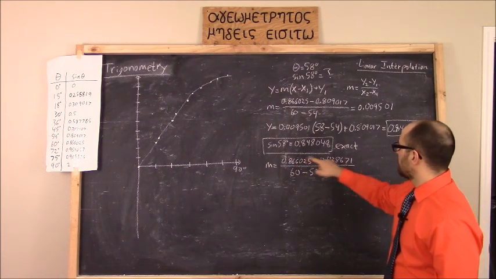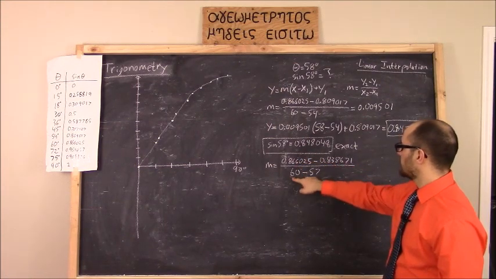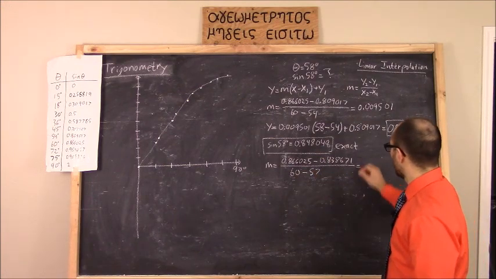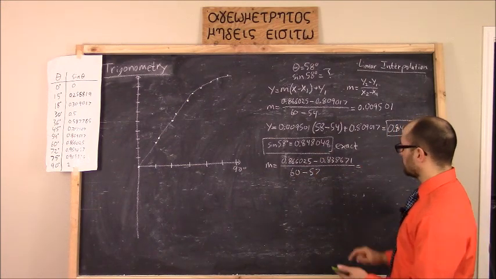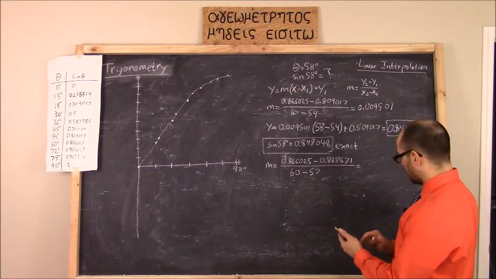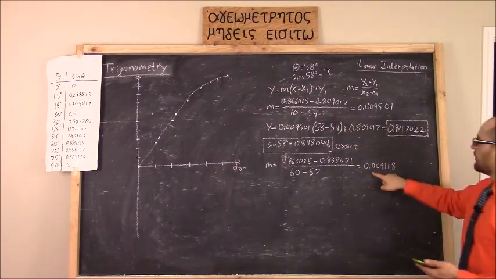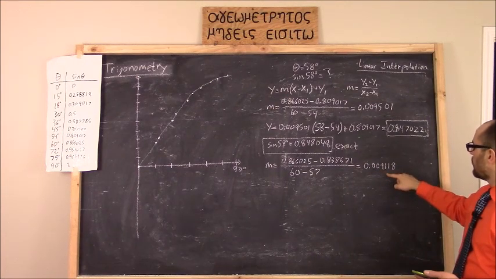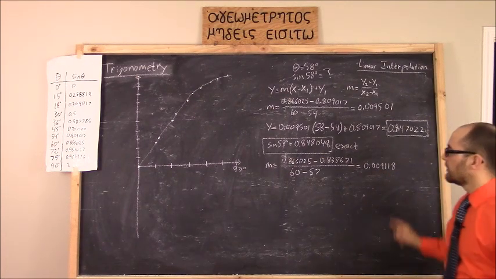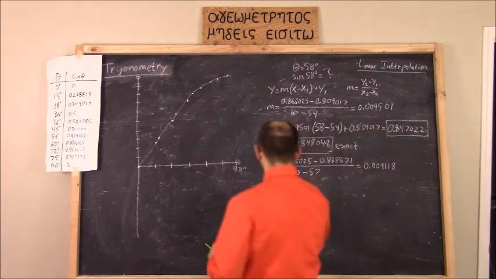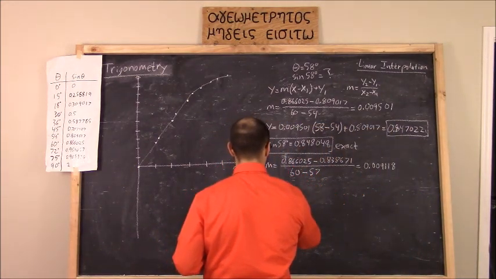So I have y2 minus y1 over x2 minus x1. The slope is approximately equal to 0.009118. Now, I'll plug that into my point slope form.